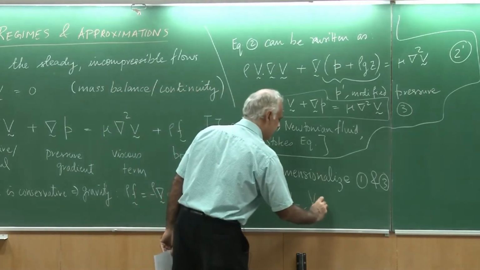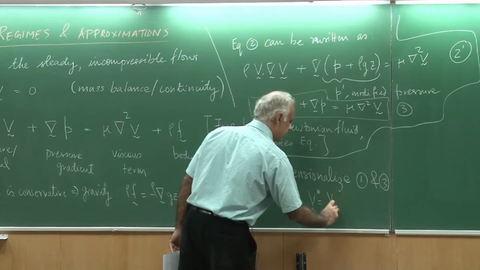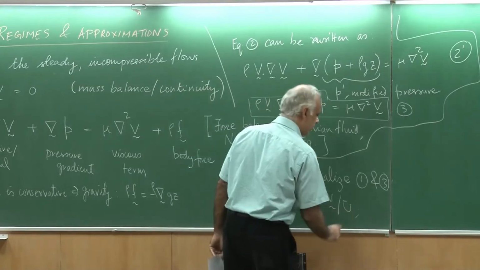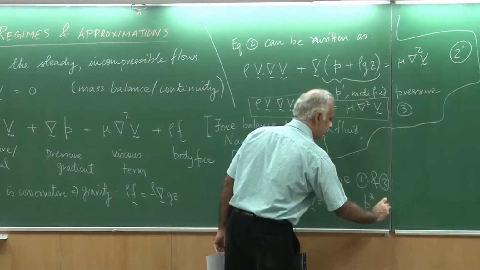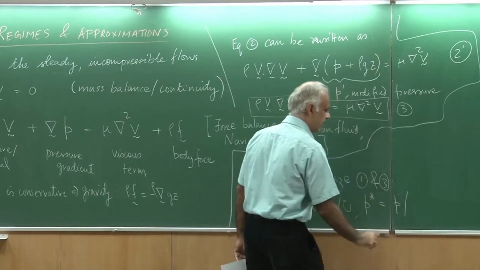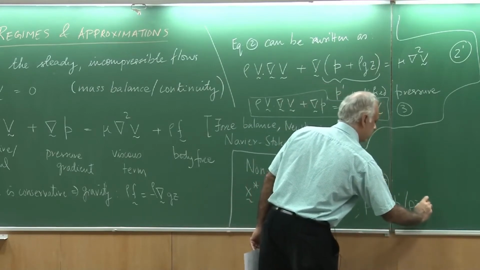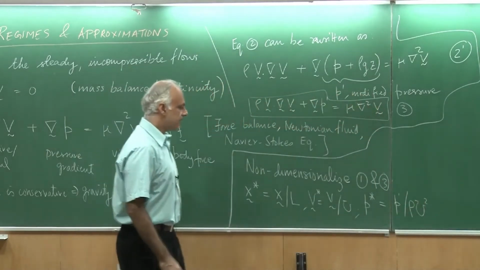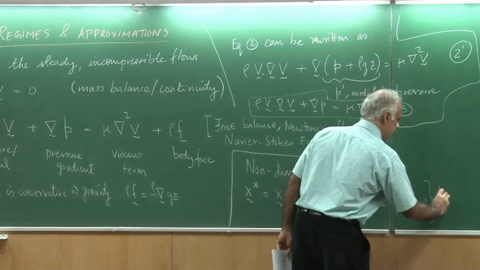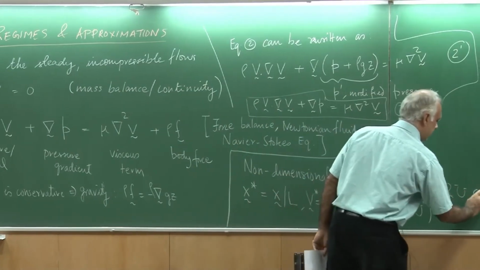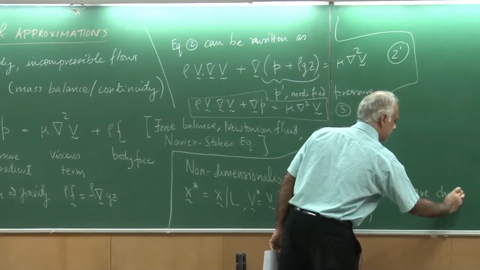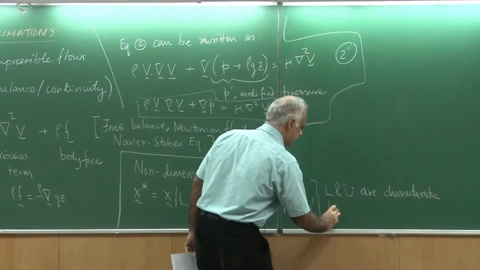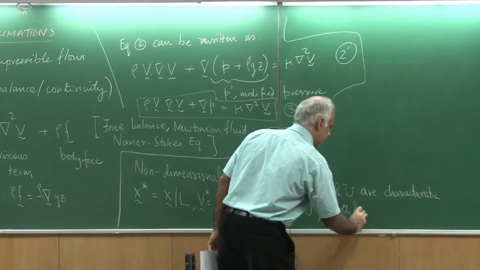Similarly, v star is going to be given as v divided by capital U, and I am going to non-dimensionalize p star as simply p prime divided by rho capital U square. So here let me just say that L and U are characteristic length and speed.